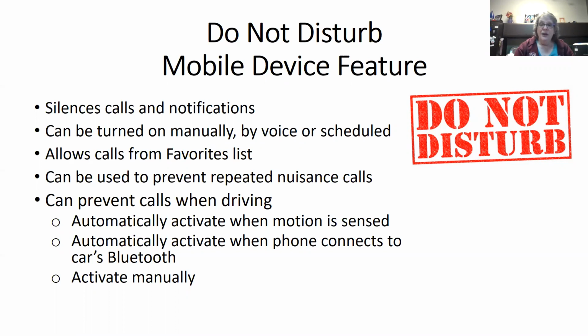Now I can turn it off manually, but I will not be able to interact with my phone unless I deliberately tell it that I'm not the person who's driving. So it activates automatically when it connects to my car's Bluetooth, or I could activate it manually. But for those of you who have teenagers and you're worried about them, you can set up the situation where the car will not disturb the person while they're driving.